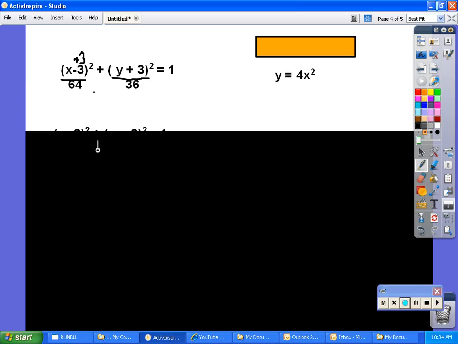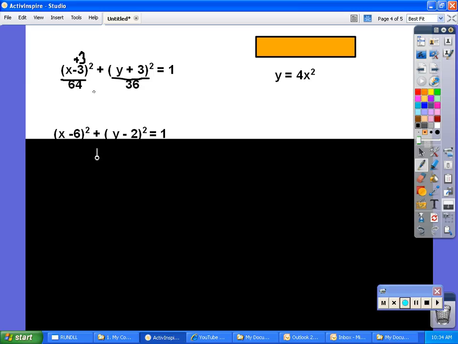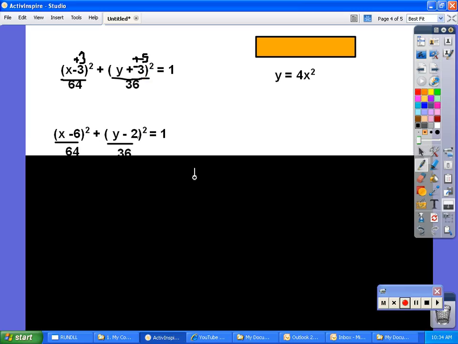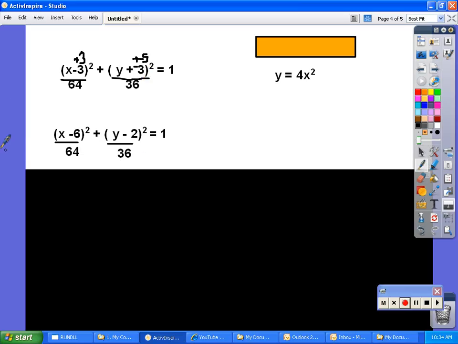So x minus 6. Then this was really a negative 3, and negative 3 plus 5 is positive 2, which is y minus 2. And there we have the translation. If you did the other approach, remember, just swap. If I had done the minus 3, that means my parenthesis sign will be correct. Some students might have to do that.